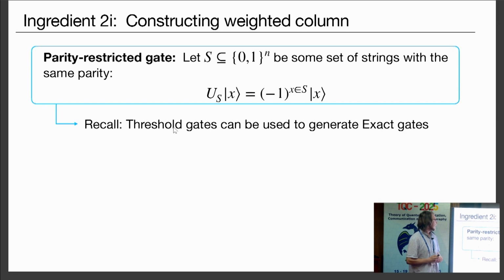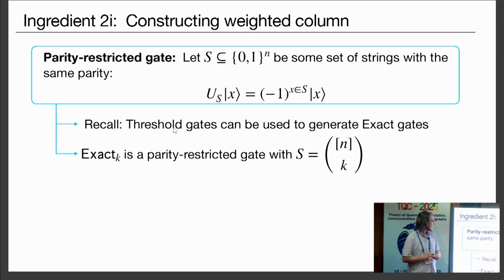And you'll maybe recall from the construction here that if you can compute some threshold function, like say majority, then you can pretty easily compute the Boolean function that checks if the weight of the input is exactly some value. So for majority, that would be n over 2. And the result would be the same Hamming weight, and in particular, they'd all have the same parity.